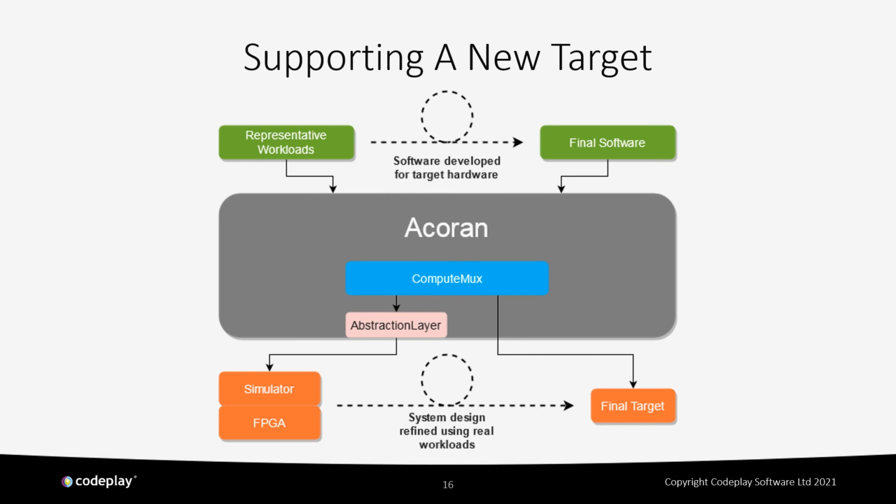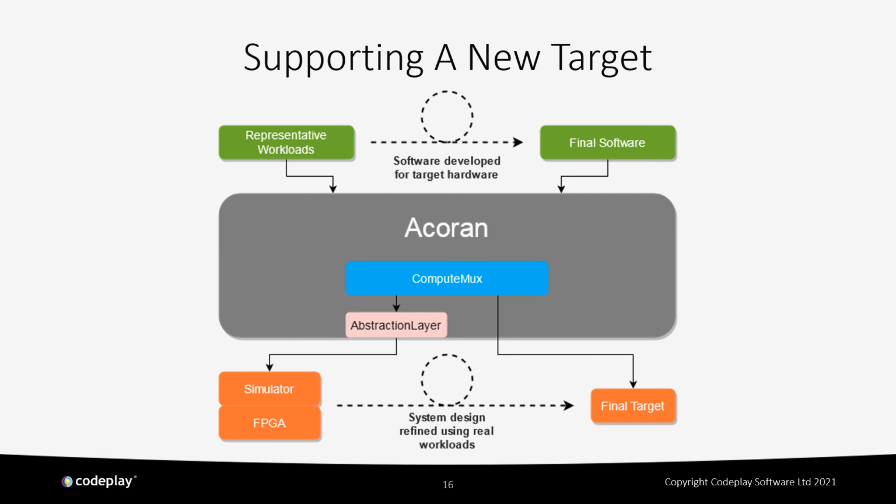So they'll get immediate feedback on how well their design is coping and executing those tasks. And so you can iterate on the software at the same time that you can iterate on the design. And so once the design of the system is maturing, then there are a number of options. So you might take the generic RISC-V ComputeMux and spin that off into one specific for that hardware.